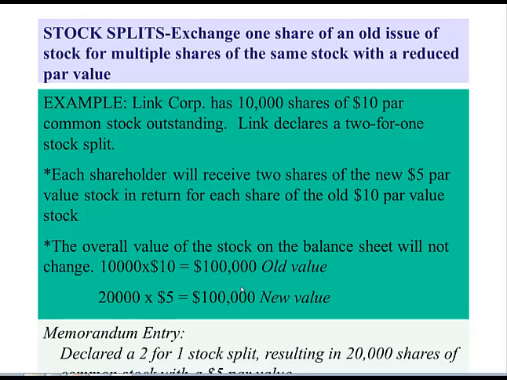So the value of the stock on the books does not change after a stock split. Therefore, we don't need to enter a journal entry. Instead, we enter a memorandum entry in the journal. And in the journal, we just write, declared a 2-for-1 stock split resulting in 20,000 shares of common stock with a $5 par value.